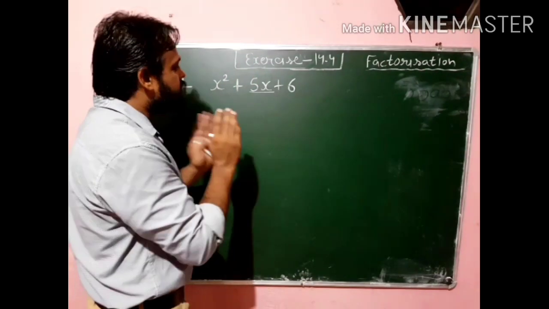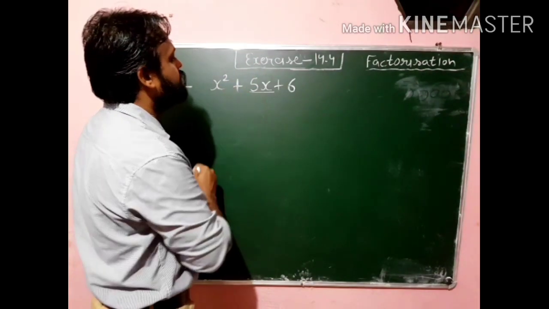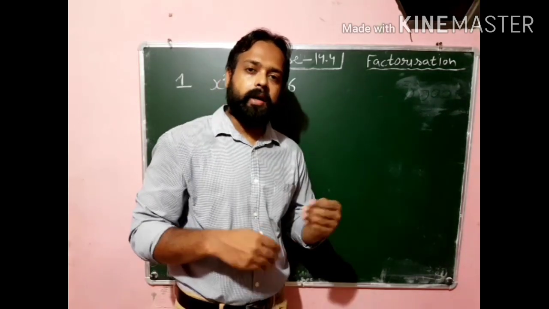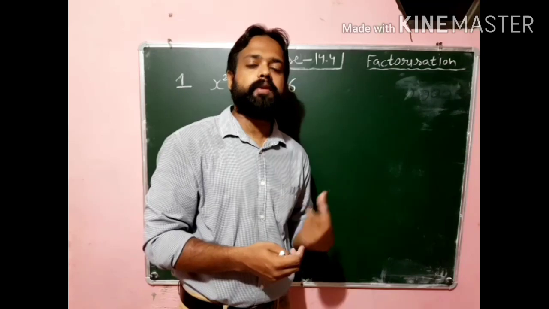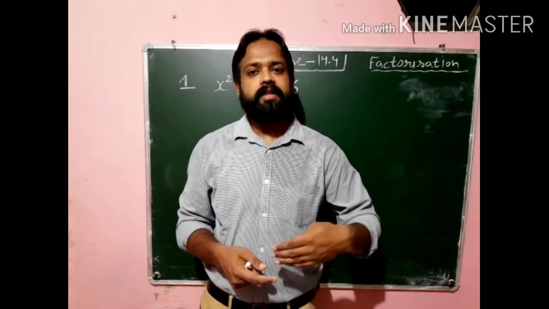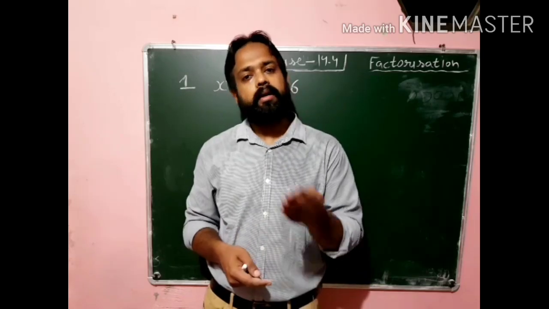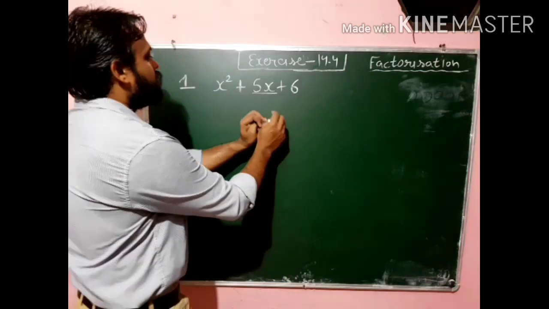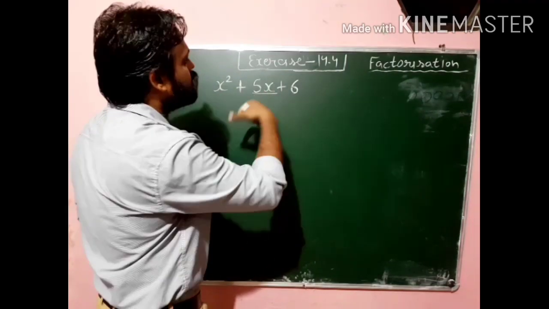It is very important how we split this 5x, so watch this video carefully and understand the condition, because this first step is very important. Only this first step is new, because the other steps are the same as we already solved in the 14.2 exercise. Now see how we can split this 5x into 2 terms.